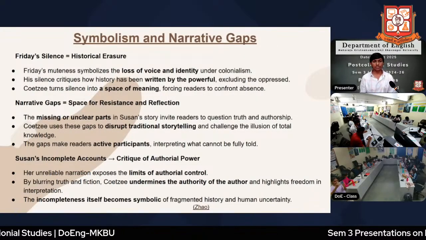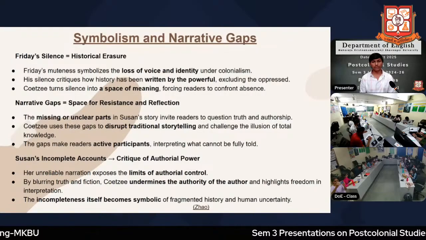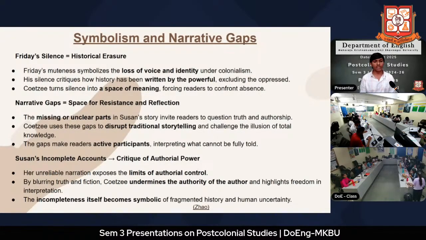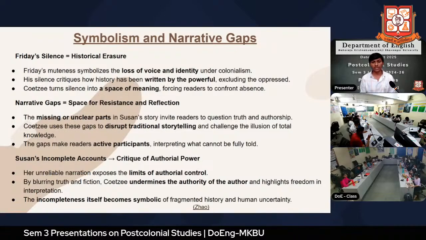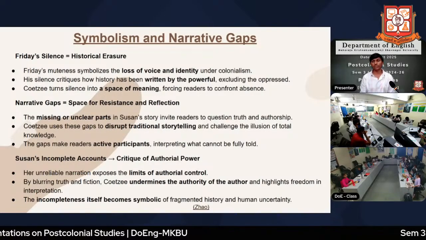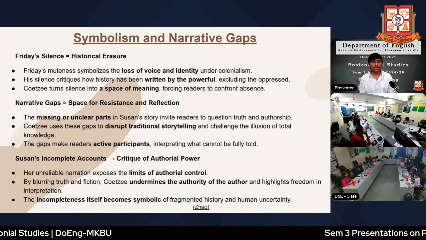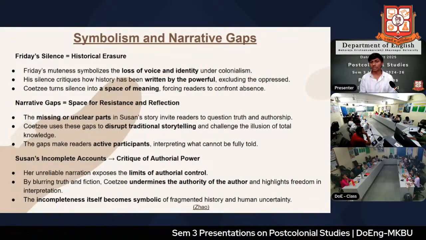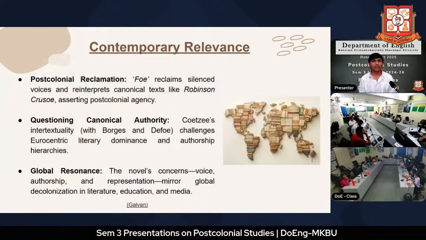Susan's incomplete accounts expose the limits of authorial control, and by blurring truth and fiction, Coetzee undermines the authority of the author and highlights freedom in interpretation. The incompleteness itself becomes symbolic of fragmented history and human uncertainty.